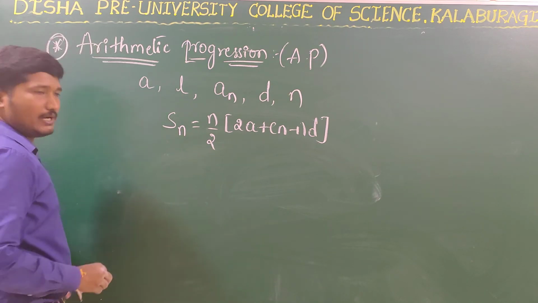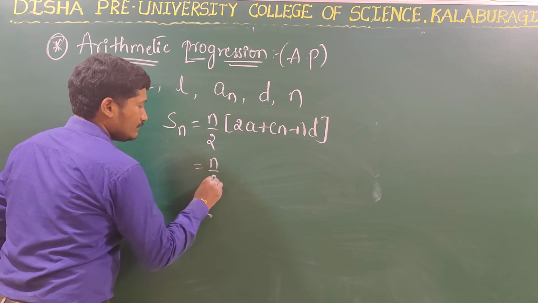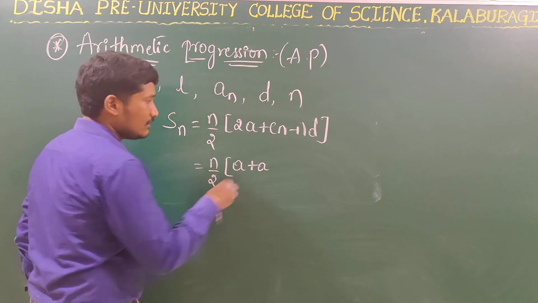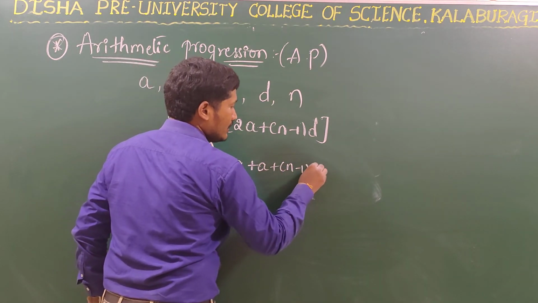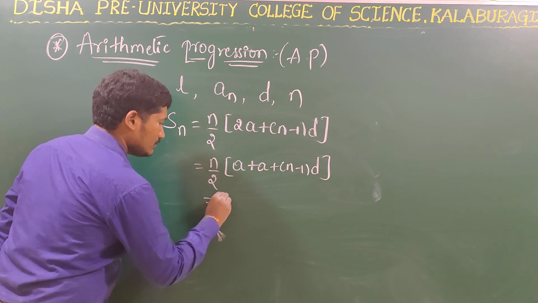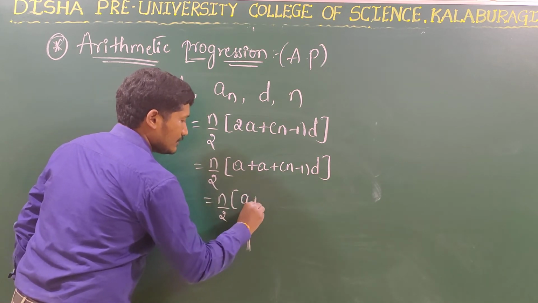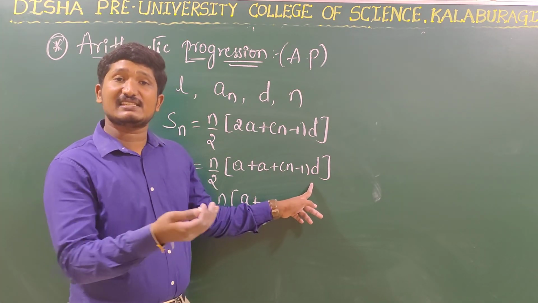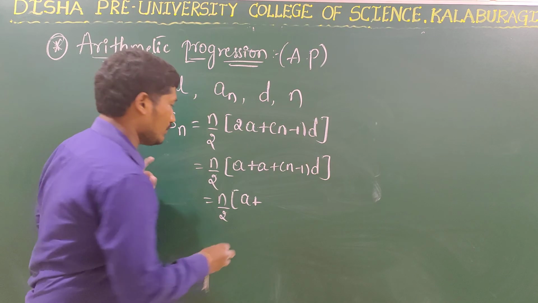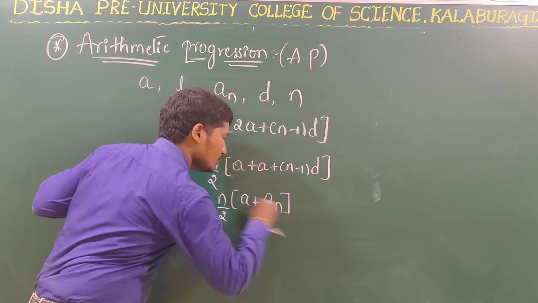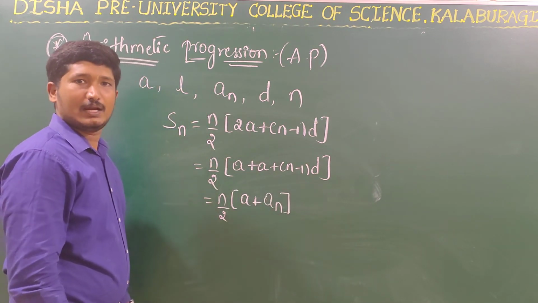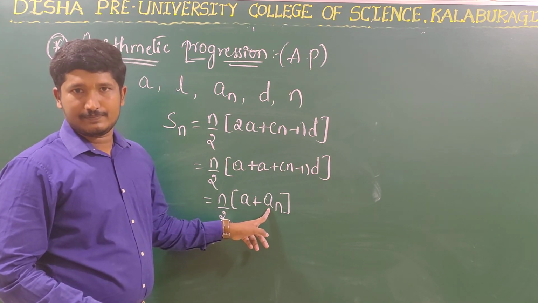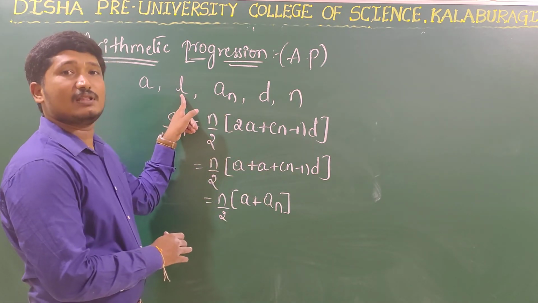So this can also be written as n/2 [a + a + (n - 1)d], since 2a can be written as a plus a. Here, a + (n - 1)d is nothing but the nth term of the arithmetic progression, so I can write this as an also. If this is the last term of the arithmetic progression, how can we represent the last term?